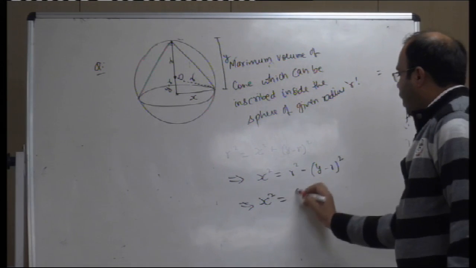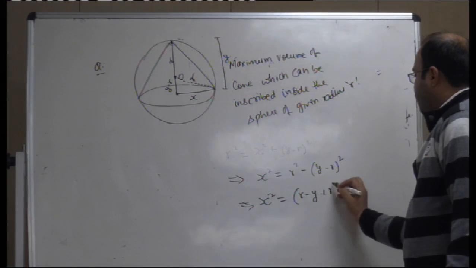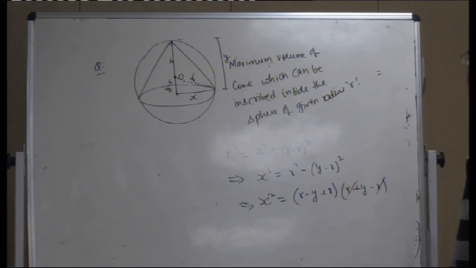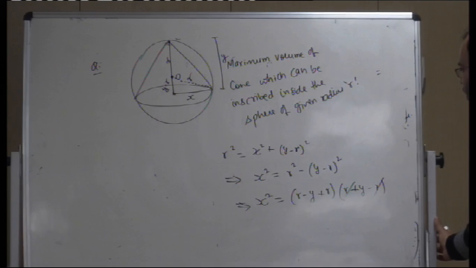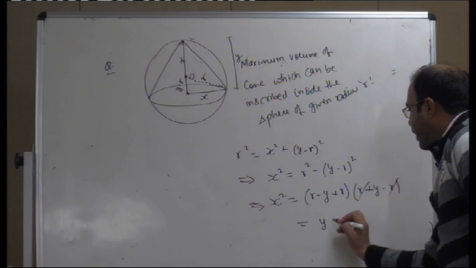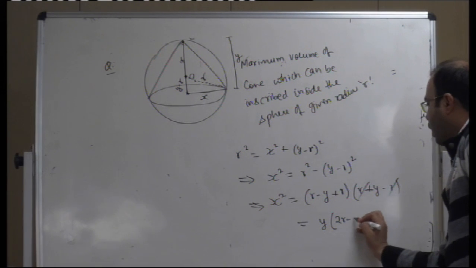This would become r minus y plus r and r plus y minus r. This would get cancelled, and you can write it like this, y into 2r minus y.